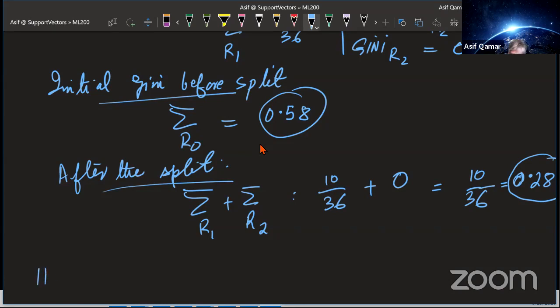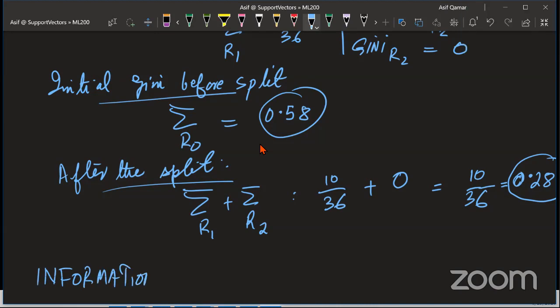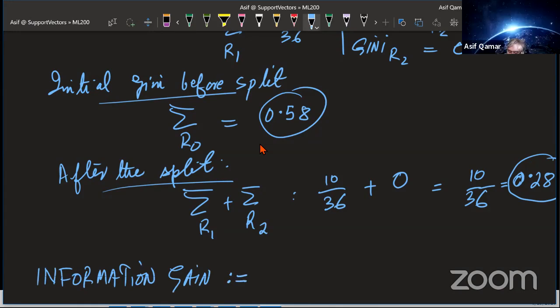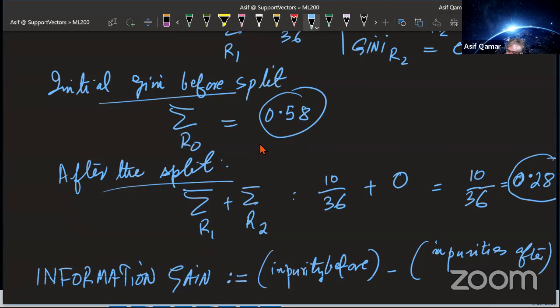So you say information gain is defined as, by definition, the measure of impurity before minus impurity after. I use the word impurities because you have two regions now, R1 and R2, that it's split into.